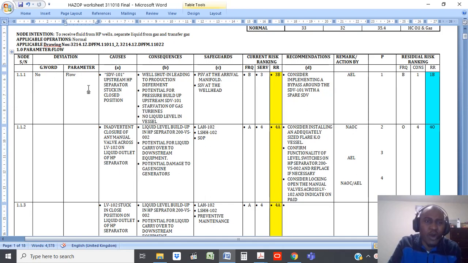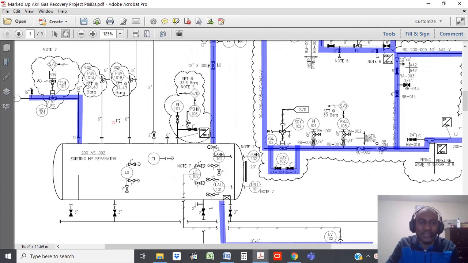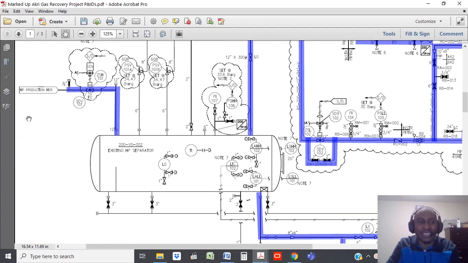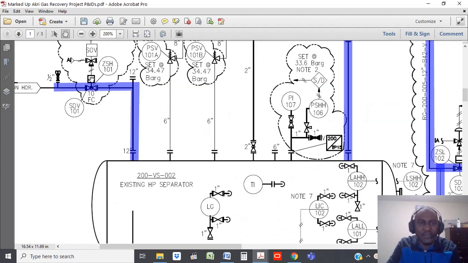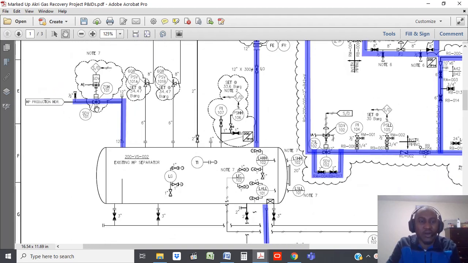So we're saying what could be a cause of no flow within this node. So when you look at it, since you have to have an understanding of how P&IDs work, this is where the initial flow comes from. So if this valve, this is an SDV, fails in a closed position or if it's stuck closed, a valve can fail in a closed position, or it can actually get stuck closed if it's not properly maintained, or for whatever reasons there's a loss of instrument air.